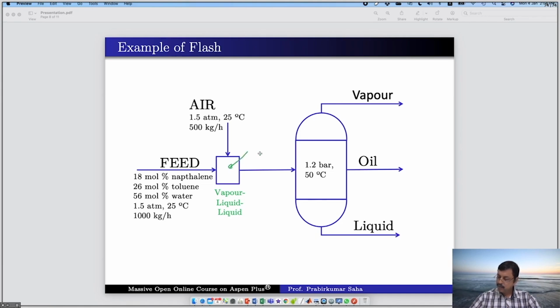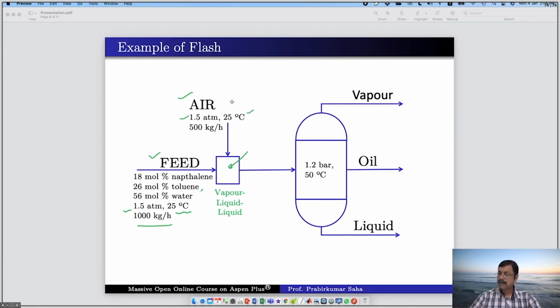We have two feeds. One is a mixture of naphthalene, toluene, water at 25 degrees centigrade and 1.5 atmosphere pressure. Flow rate is 1000 kg per hour. We have a second feed of air with temperature 25 degrees centigrade and pressure 1.5 atmosphere.